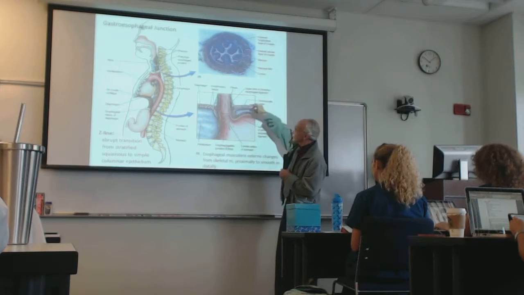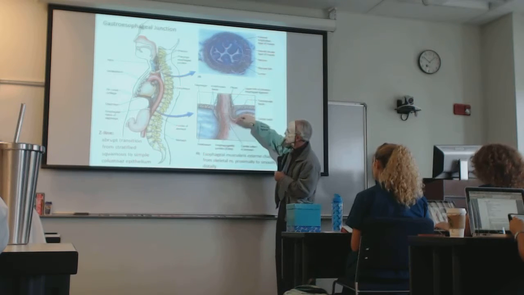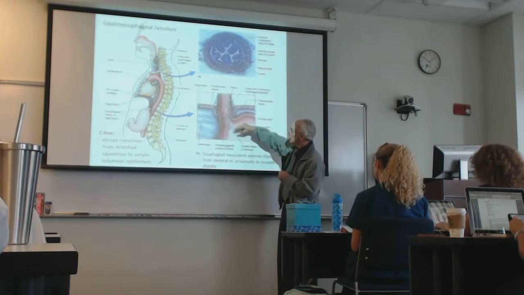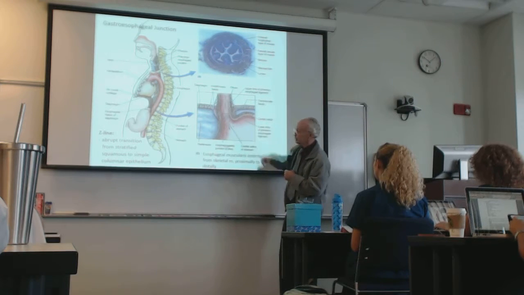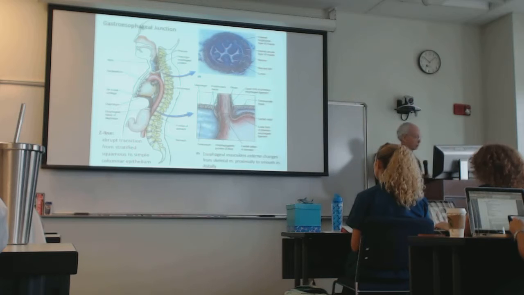Now, this is the gastroesophageal junction. We'll talk about some of the anatomical features here. But what you'll notice here is this little line located right there. That's called the Z line.